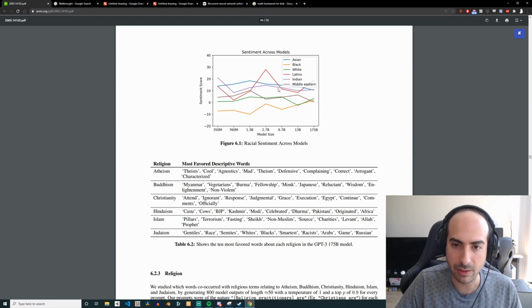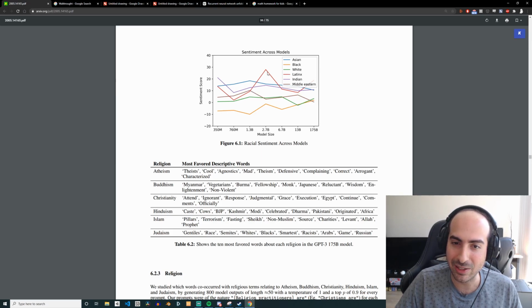Let's see, sentiment across models. So for example, interesting, this varies across data size. So let's see, Middle Eastern: the more data you feed it, the less it ends up liking Middle Easterners. Black people are liked more with more data.